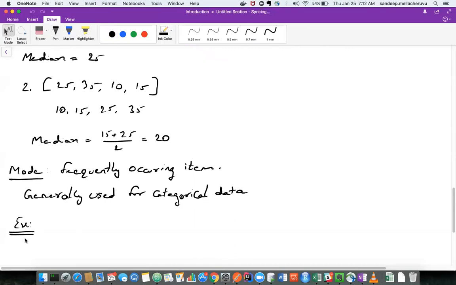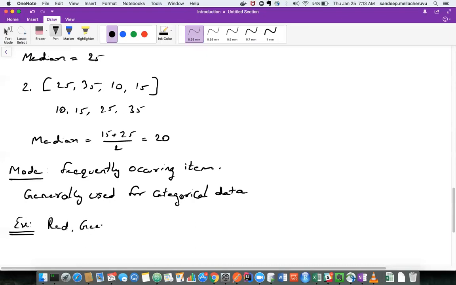For example, you took a survey of different people and asked them what is your favorite color, and you want to find out the most frequent or favorite color for many of the people. The first person said red.